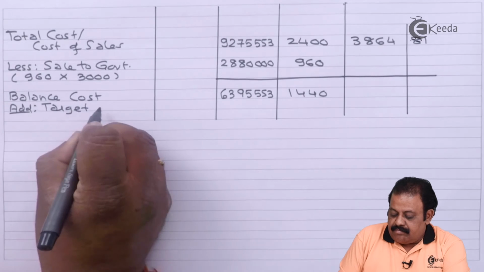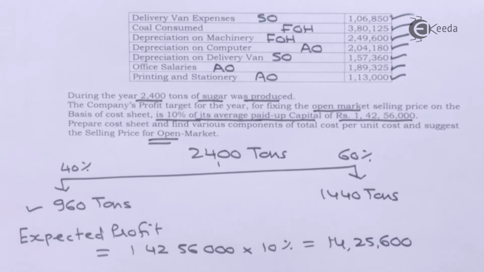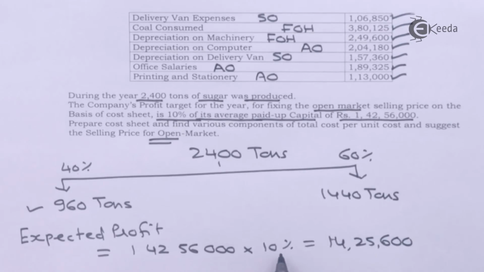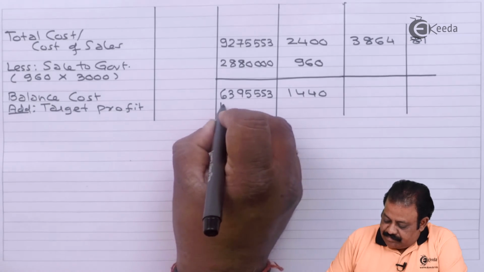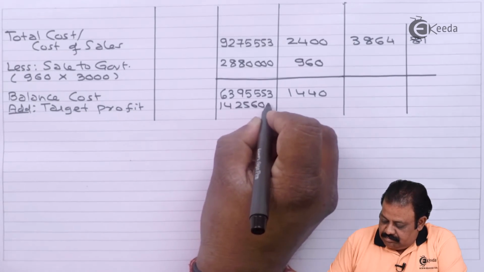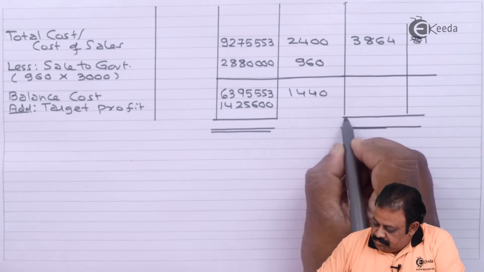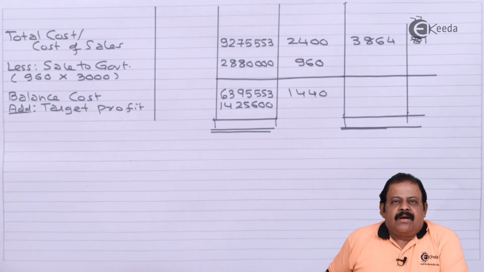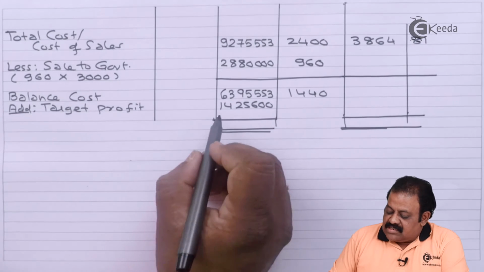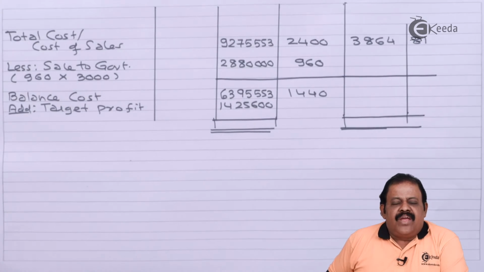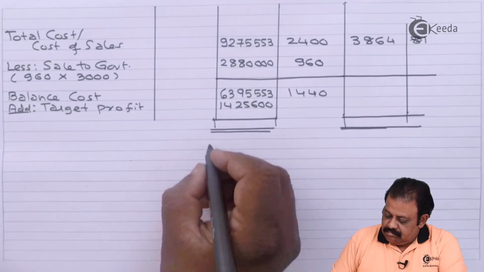To this we are required to add target profit. We have calculated target profit: 10% of 1 crore 42 lakh 56,000, which comes to 14 lakh 25,600. It will be added to cost. Open market price will be fixed taking into account this target profit. Anyhow, we are required to earn this amount of profit.